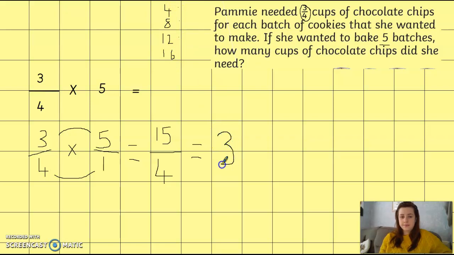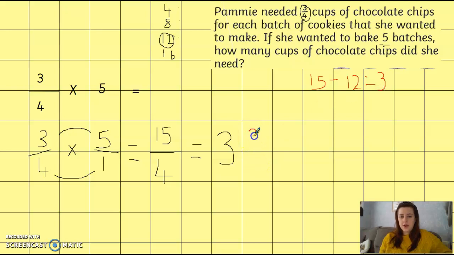So 3 becomes my big number because this is going to turn into a mixed number fraction like we did last week. So far I've taken 12 out of my fraction. So I'll do a little sum over here. So I had 15 first of all. I've taken 12 away, which leaves me with 3, a remainder of 3.